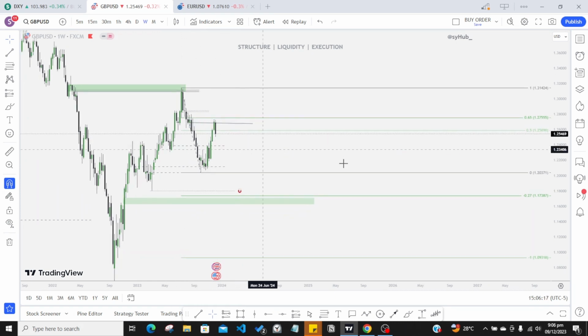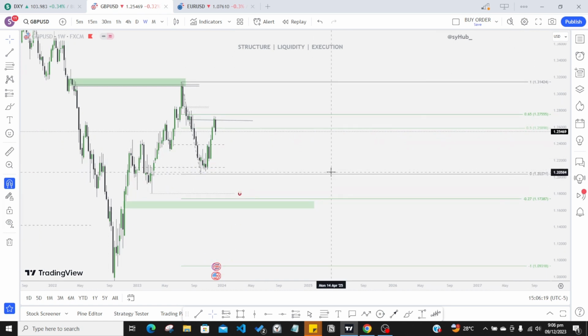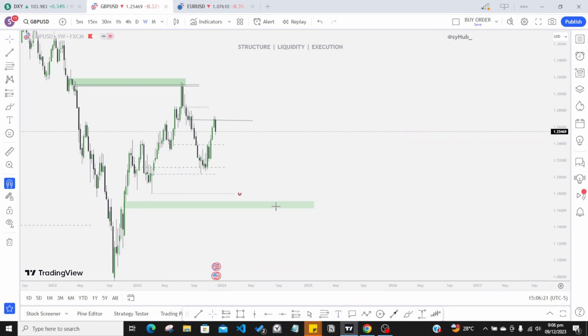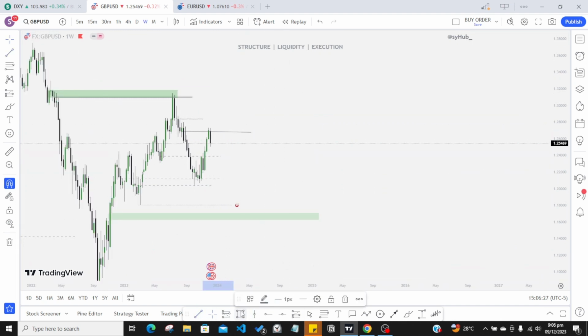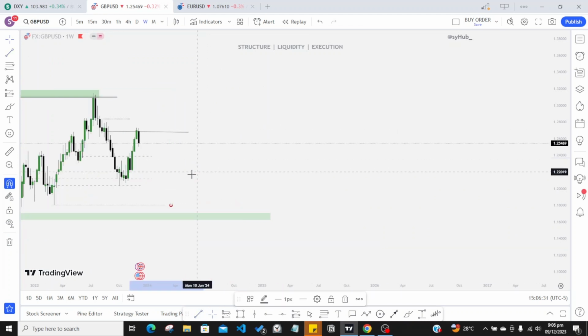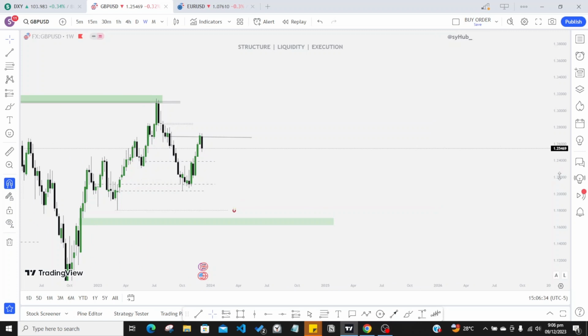So we are expecting price to target this in the coming week. Mark it out.